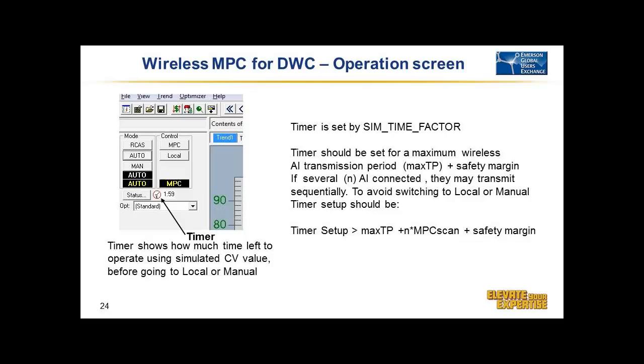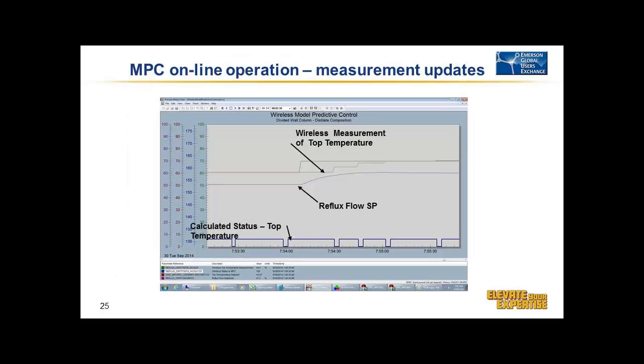We tested prior to application on a distillation column, we tested in simulation, and what we see here is really the top temperature. We developed a simplified simulator of the DWC. This is the wireless measurement of top temperature, and you see it's just stepwise.